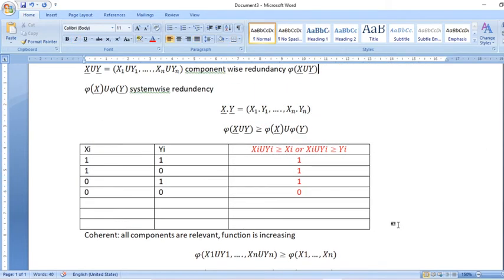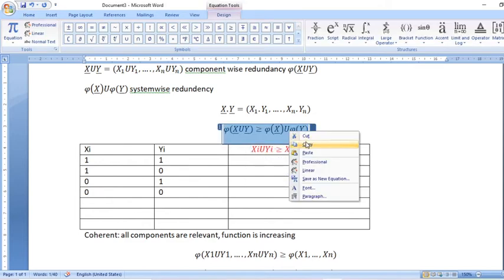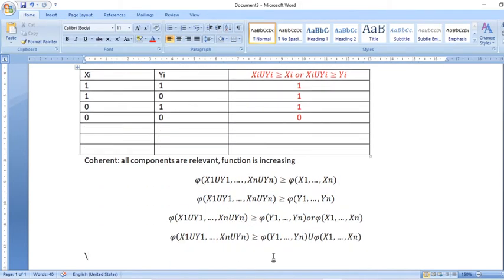So that is the result: phi of x union y is greater than or equal to phi of x union. This can be obtained, or again we can write it like this.